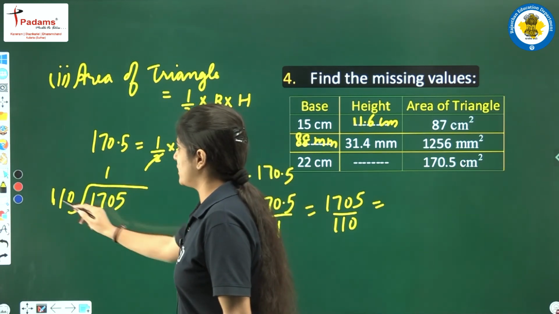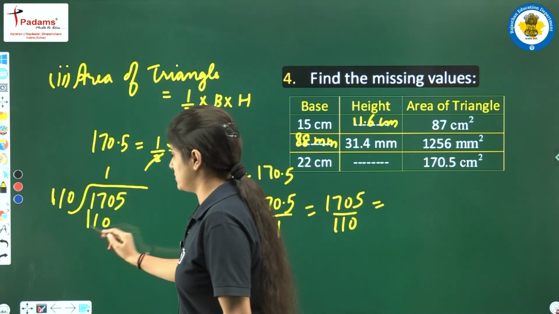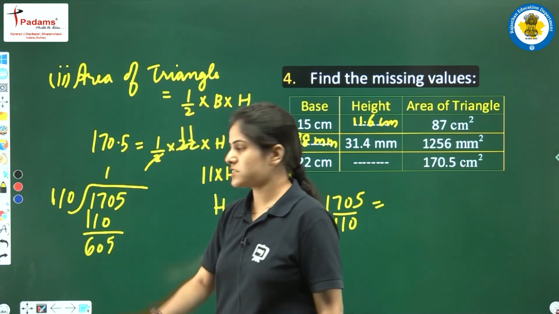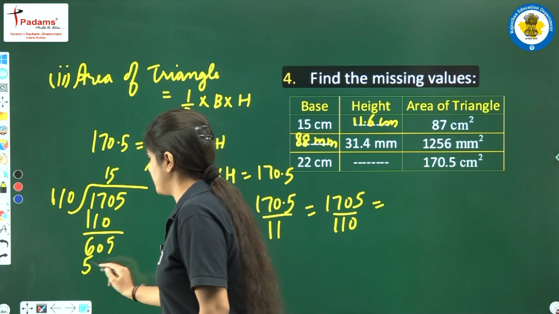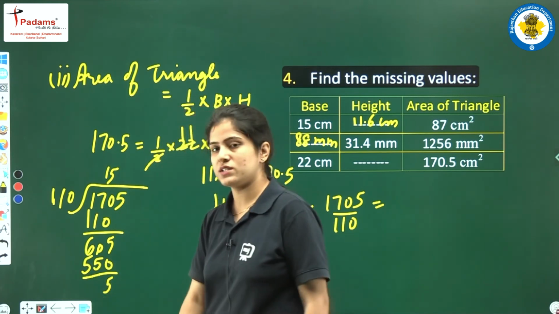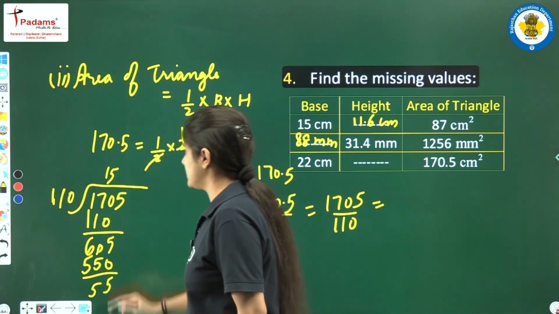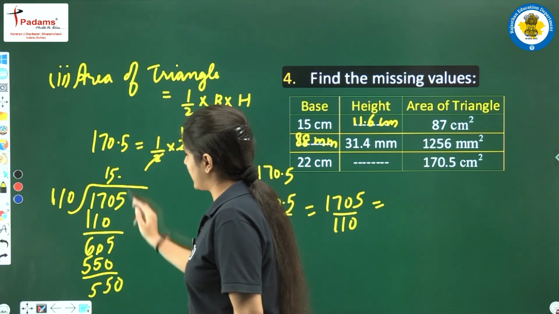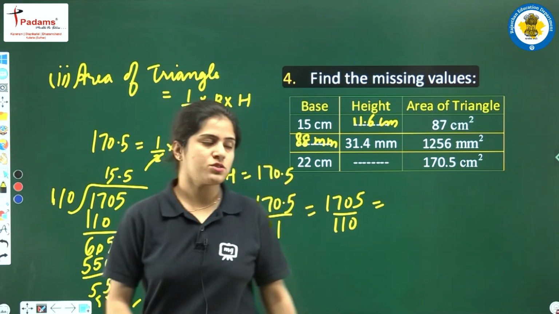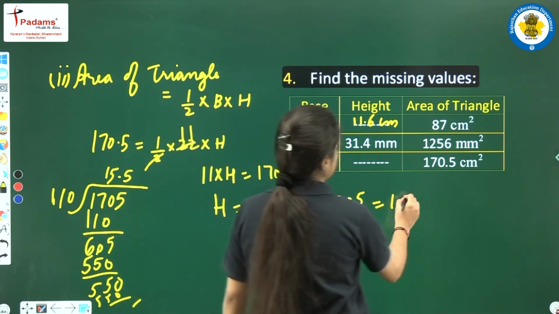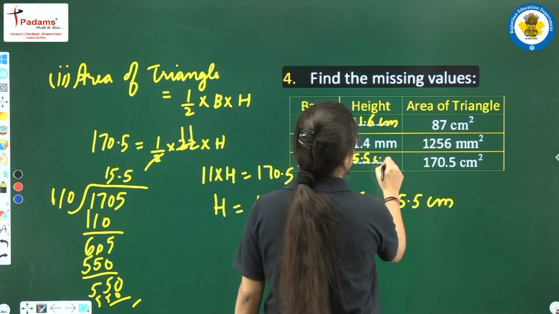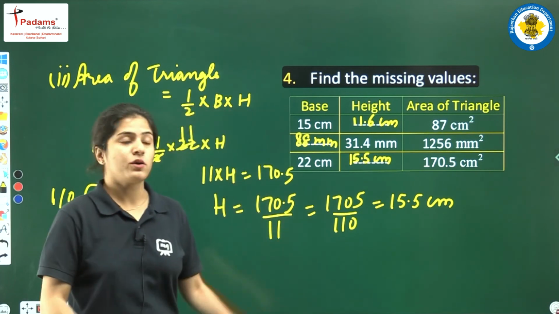So 17 into 110 into 1 is equals to this 60 and 0. अब ये कौन से टेबल पे जाएगा? 5 की टेबल पे. फिर 550 कितना आंसर आएगा? यहाँ पे 5 और यहाँ कितना बचा स्टूडेंट्स? अगेन 5, राइट? अब यहाँ पे पॉइंट लगाएंगे, यहाँ 0 लगाएंगे, अगेन 550. दिस इज कट. ऑलराइट स्टूडेंट्स, तो इसका वैल्यू क्या आएगा? 15.5 सेंटीमीटर्स, राइट? So this is 15.5 centimeters, and this is all about this question.